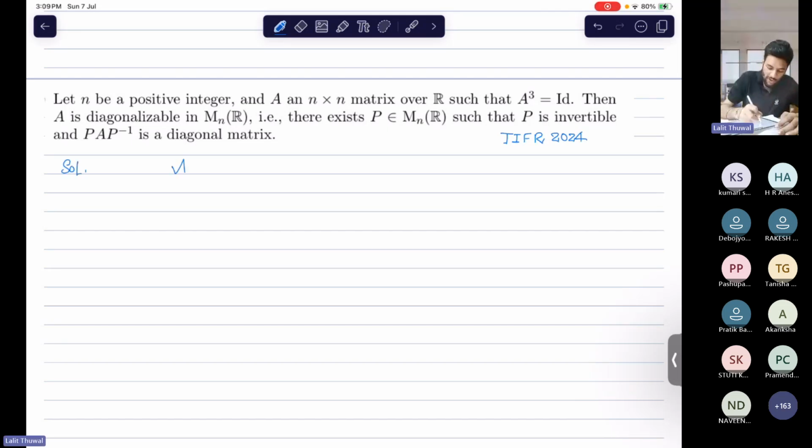A cube is equal to I, you have given, right? So x cube minus 1 annihilates A. Many of you have raised the hand. Please type your answers in the chat box so that I can see.